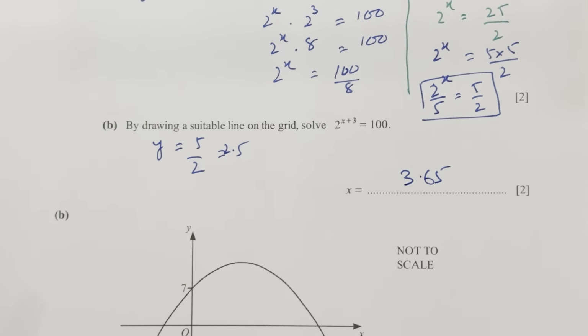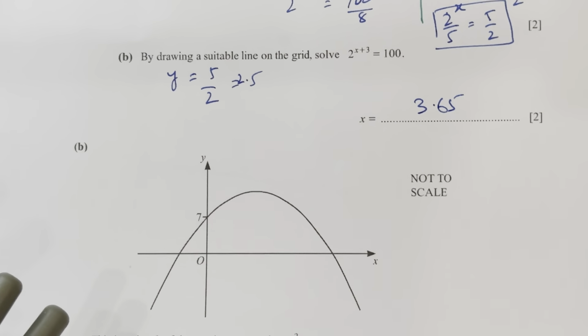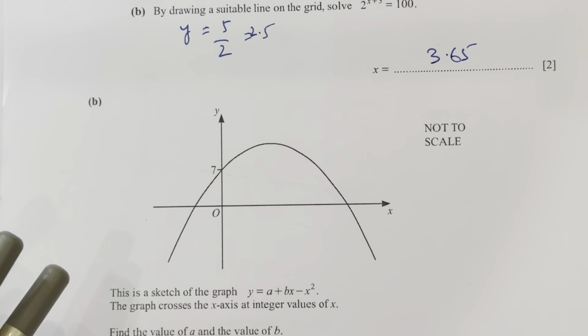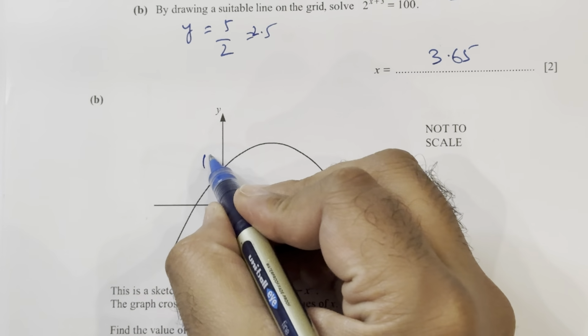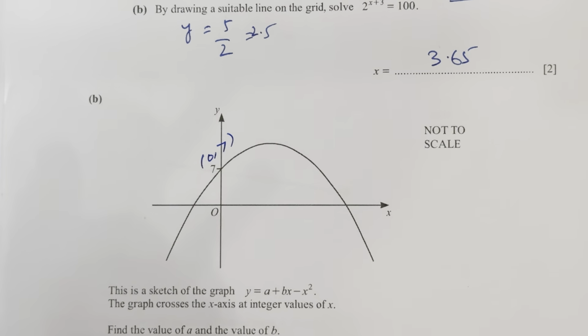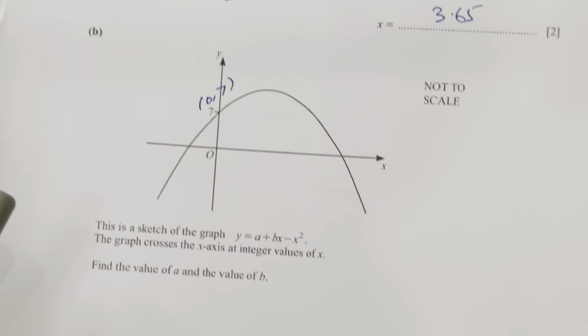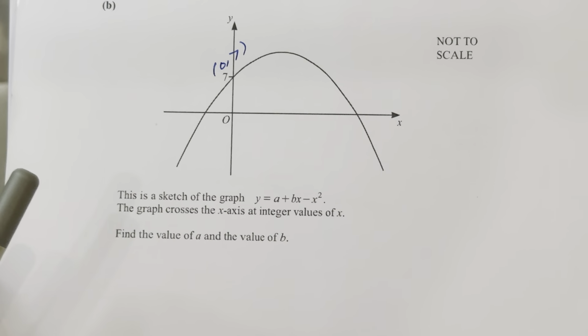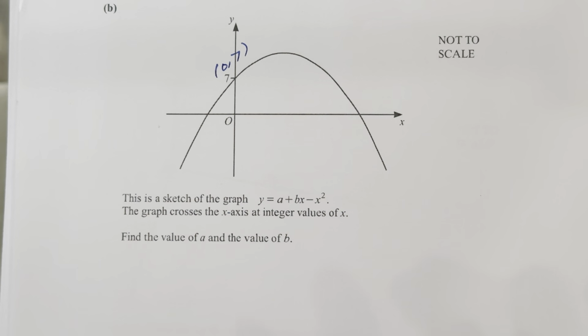Now part B. Part B is very special, one of the rare questions you can say, at least. This point is (0, 7). This is a sketch of the graph y = a + bx − x².